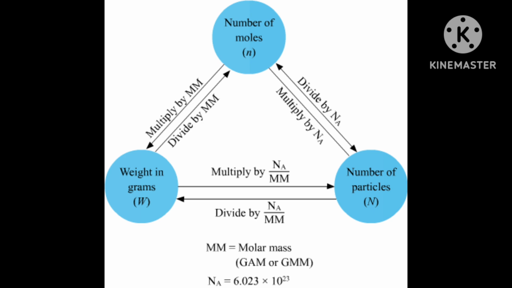Now third, one more thing here, 1 mole is also equal to 22.4 liter at STP, if the substance is a gas. You remember, if a substance is gas, then 1 mole is equal to 22.4 liter at standard temperature and pressure, STP.